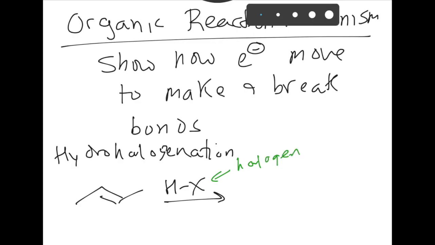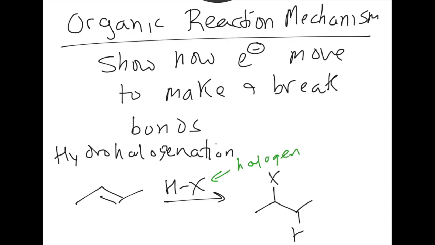So we are going to add a hydrogen to one side of the double bond and a halogen to the other. So hydro for hydrogen, halogen for halogen. So you're going to add X to one side, H to the other.